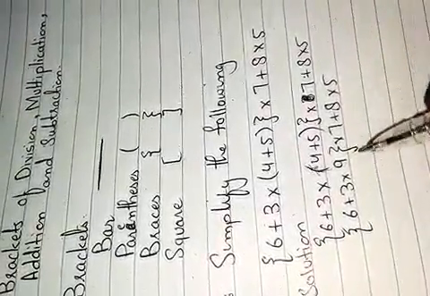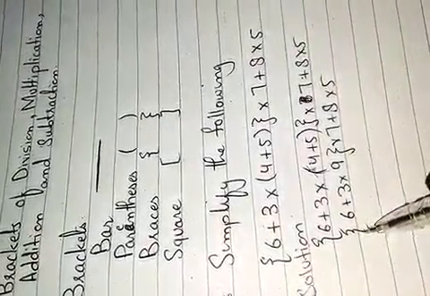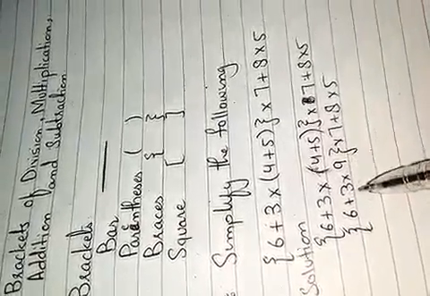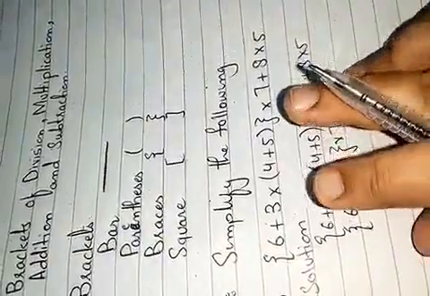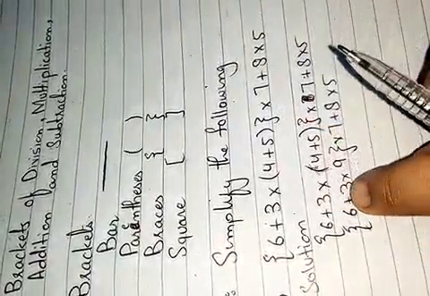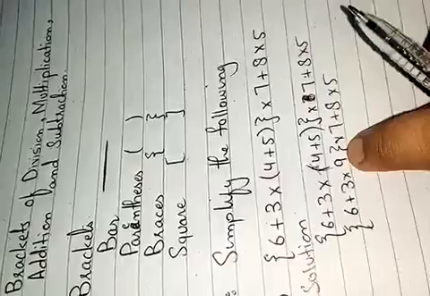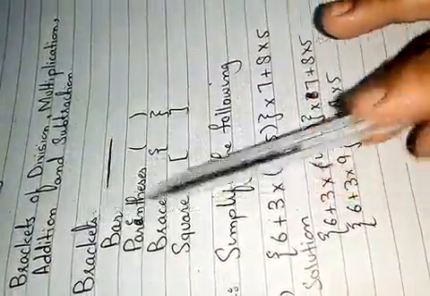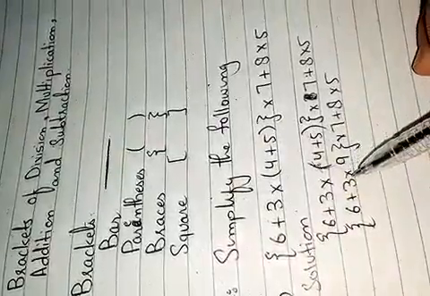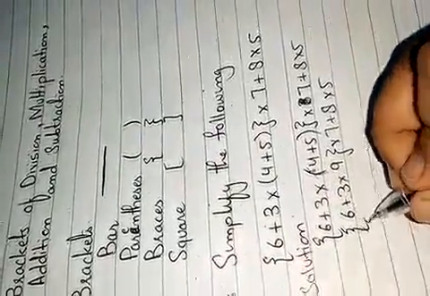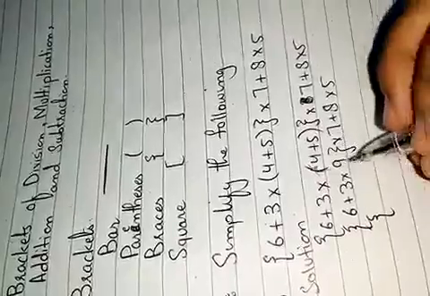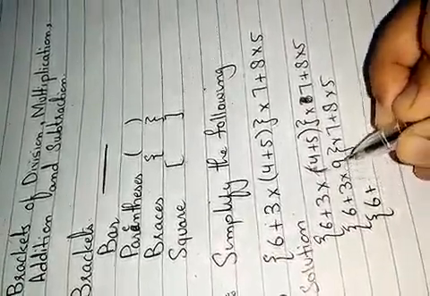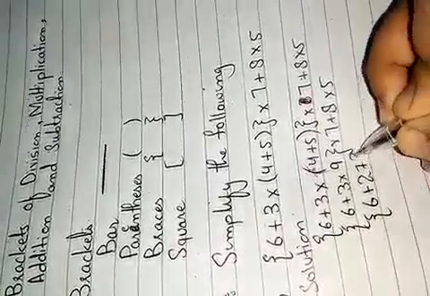Now in the second step we need to solve this bracket, which is braces. In this bracket we have two mathematical operations. The first one is addition and the second one is multiplication. So according to the BODMAS rule, we have to solve multiplication first. So we write 6 plus as it is, 3 9s are 27.